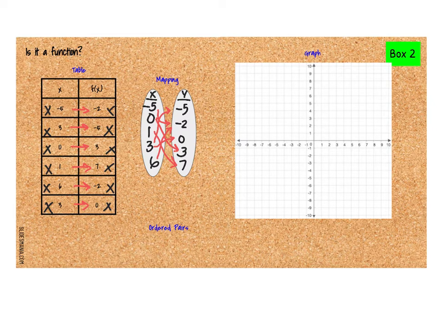Now I'm going to write it as ordered pairs. So my first ordered pair would be -5 comma -2, 3 comma -5, 0 comma 3, 1 comma 7, 6 comma -2, and then 3 comma 0.